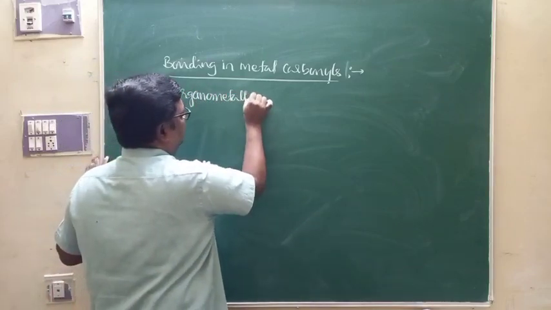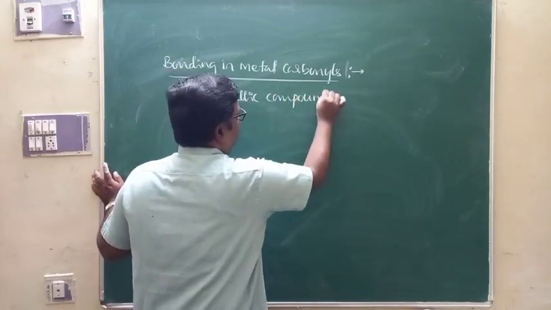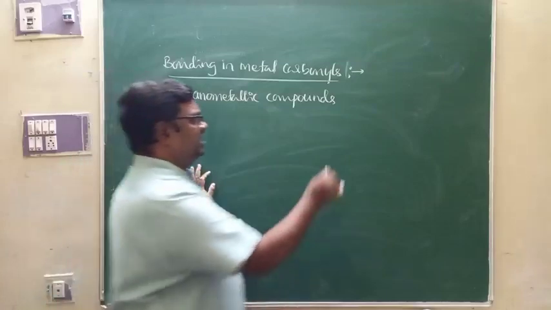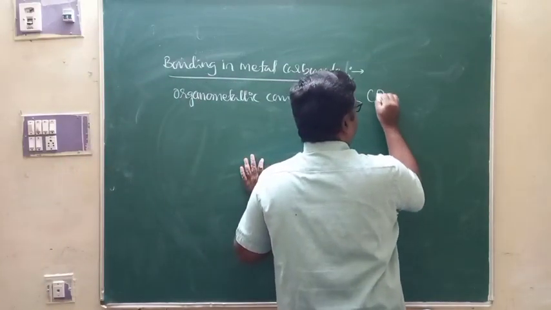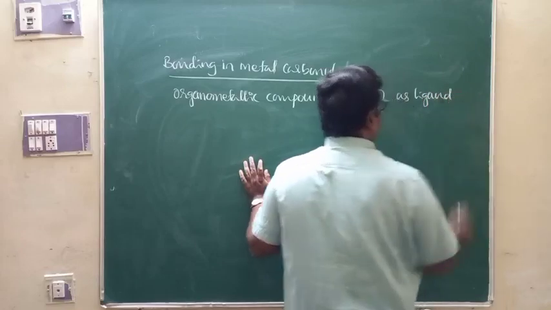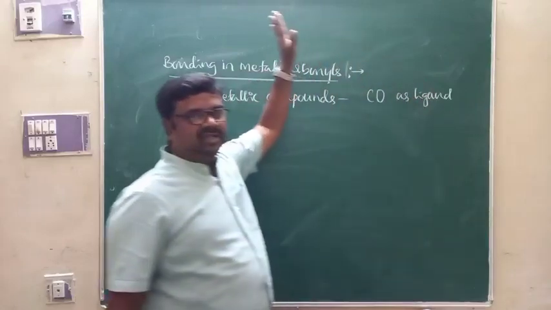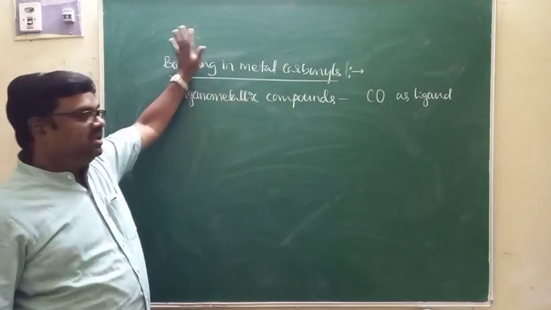Metal carbonyls are organometallic compounds containing CO as ligand. Organometallic compounds containing carbon monoxide as ligand, they are called metal carbonyls.